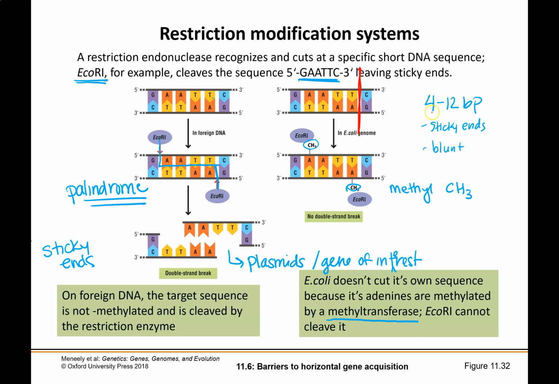The shorter sequences are going to be less specific, so they're going to cut more times within a genome. The longer the sequence is, the more specific it's going to be, the fewer times it's going to cut in a genome. The interesting thing about laboratory application of restriction enzymes is that a particular genome cut with a specific restriction enzyme is always going to make the same pattern.